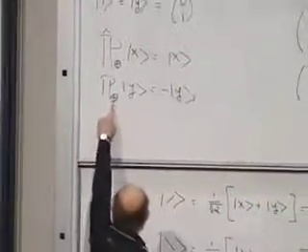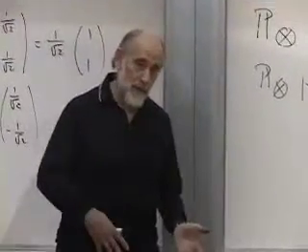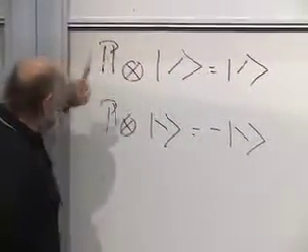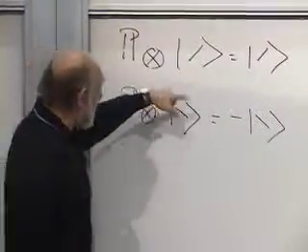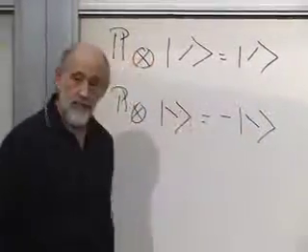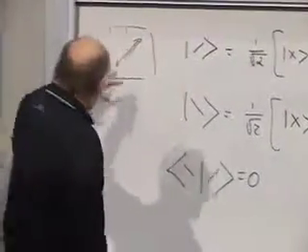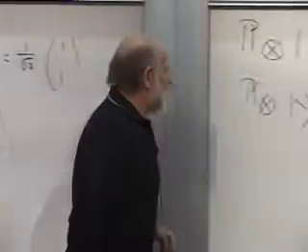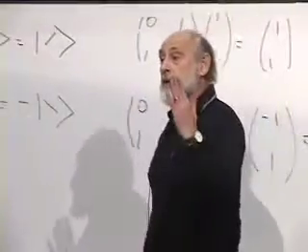Well, if you measure the original observable, you won't get definite answers. You get a half probability one way, a half probability the other way, if you start with slash. On the other hand, if you measure this observable, the polarization at the 45-degree angle, then you will get definite answers for slash and backslash. This corresponds, of course, to sending slash and backslash through the slashed or backslashed polarizers. So it's not right to say that if you're given a state, it determines what's observable. No, it determines what's definite.